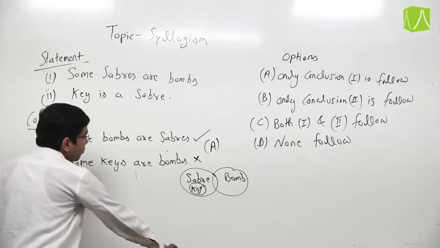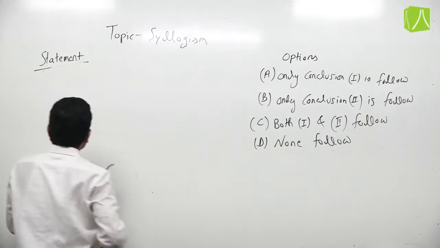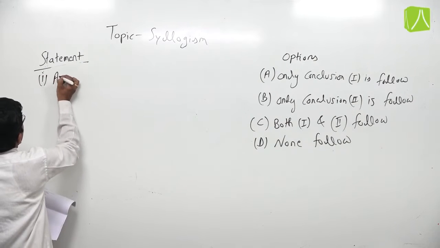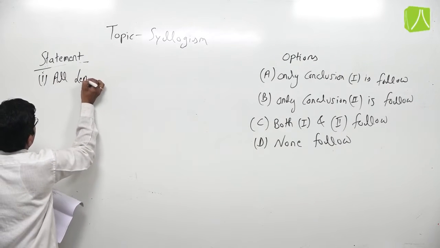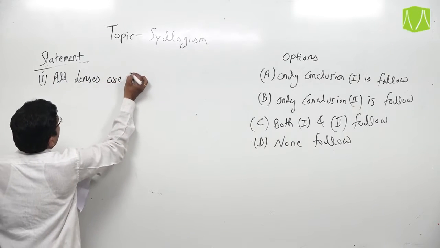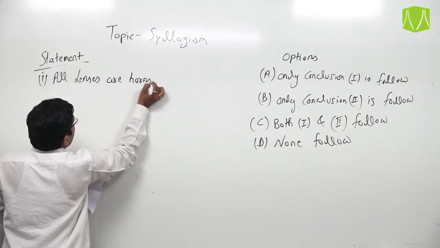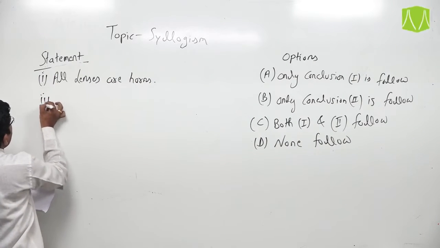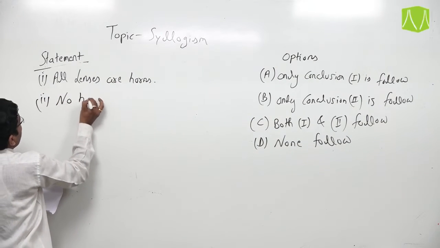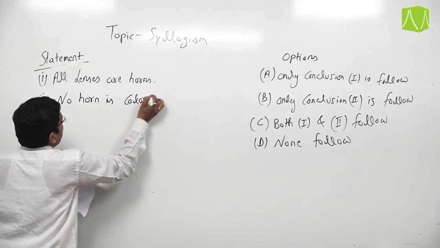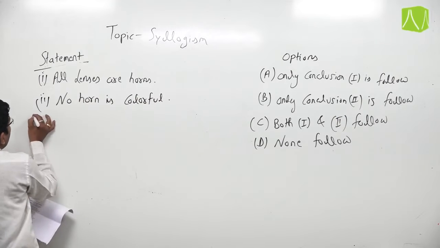Take the next example. Statement: all lenses are horns. And the second statement: no horn is colorful.